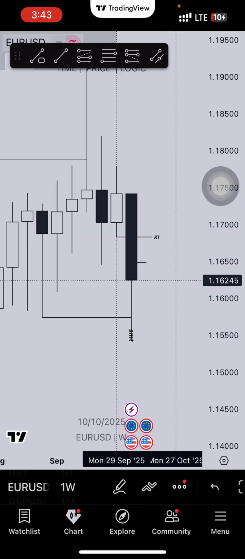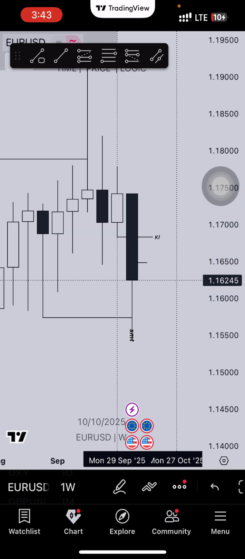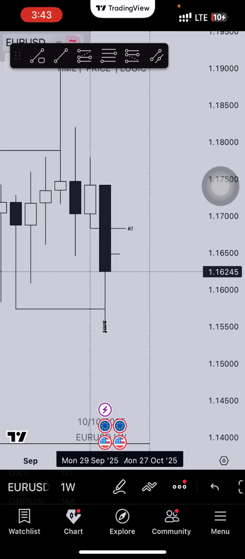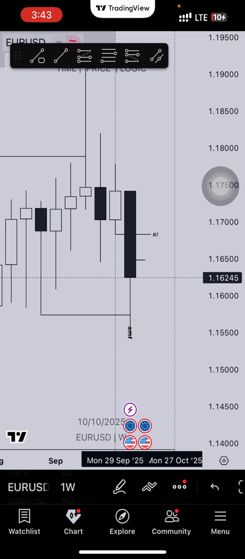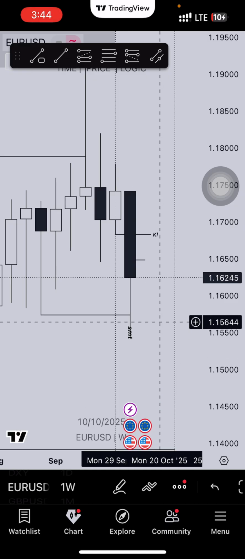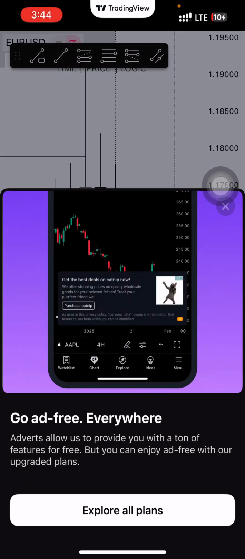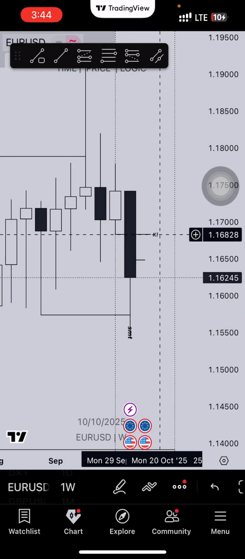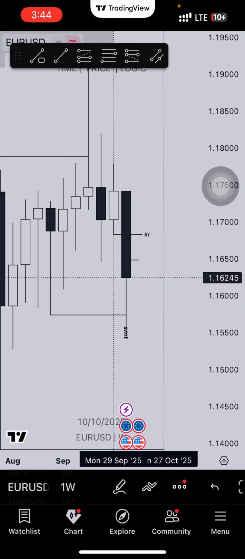But I'm not expecting the expansion next week. I'm expecting a retracement next week because the first week of the month we consolidated, right? The second week of the month we expanded. So I'm expecting a retracement to the upside, which is an OTE entry, and then we move lower.